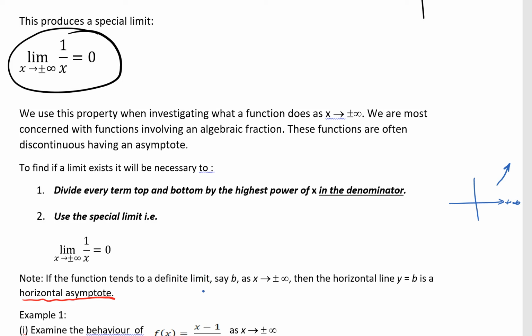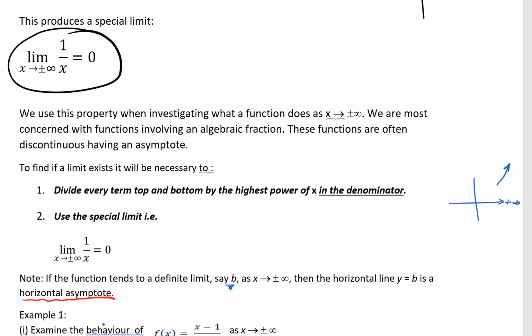A definite limit is when we've got a value, a number, and if that number is b, for example, then we say as x is approaching plus or minus infinity, then the horizontal line y equals b is our horizontal asymptote. Now, this is a feature of sketches that you will do exclusively in extension 1.